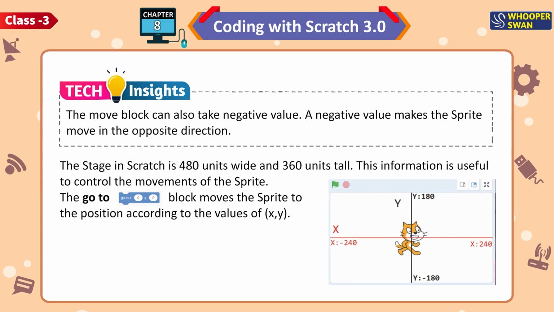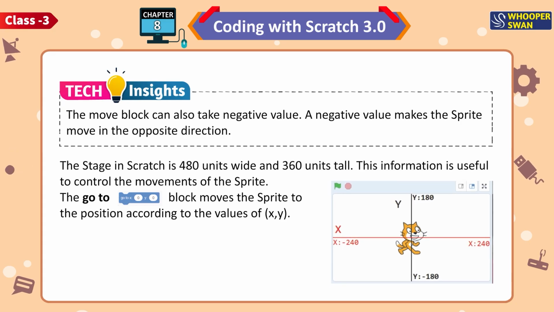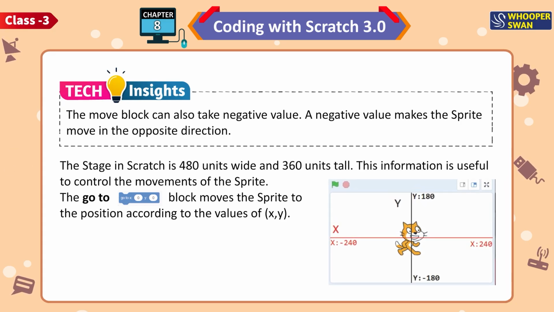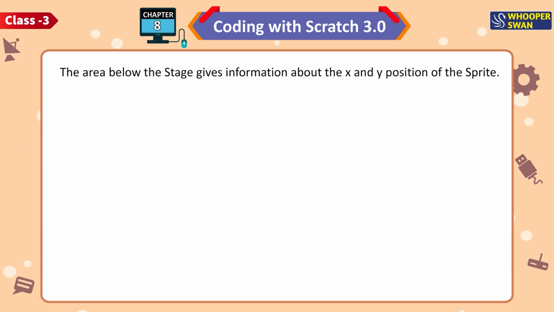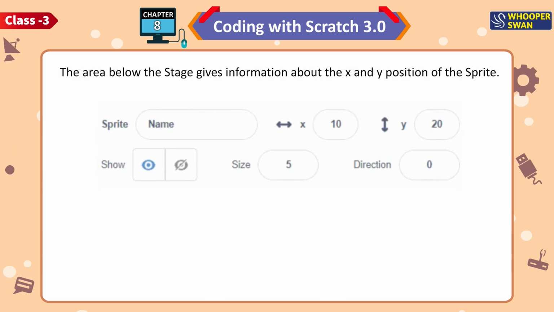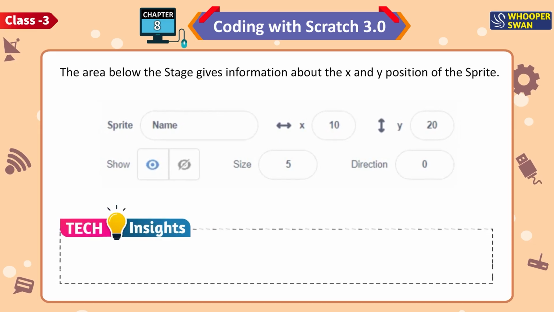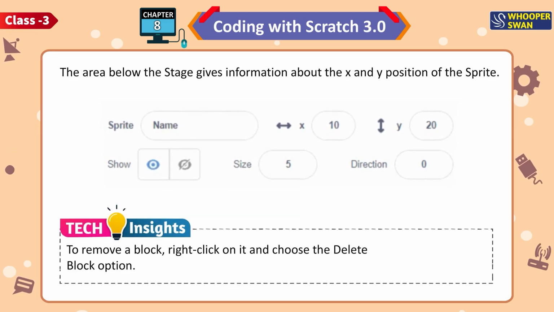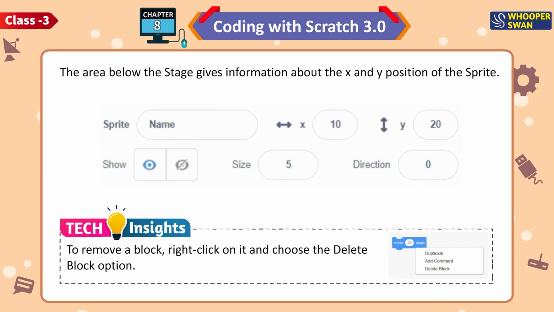The go-to block moves the sprite to the position according to the values of x, y. The area below the stage gives information about the x and y position of the sprite. Tech Insights. To remove a block, right-click on it and choose the Delete Block option.